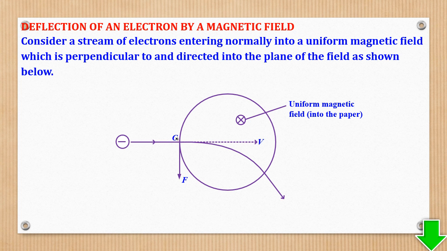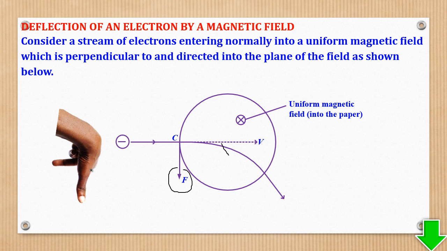So by Fleming's left-hand rule, we can get this as the force. According to this rule, remember we said second finger is current, first finger is field. That's why your first finger is field, it's pointing into the plane. That's why you cannot see this first finger, because it is pointing into the plane.